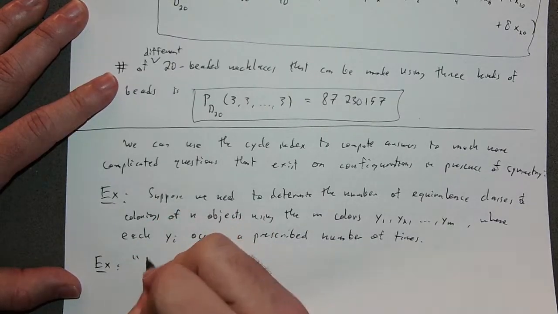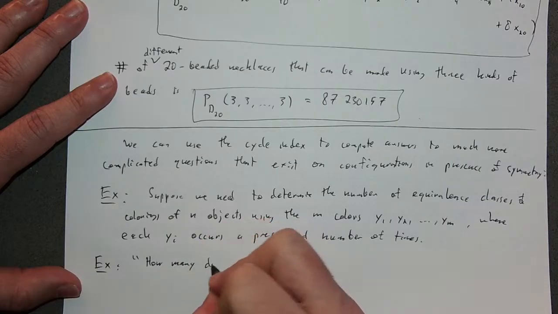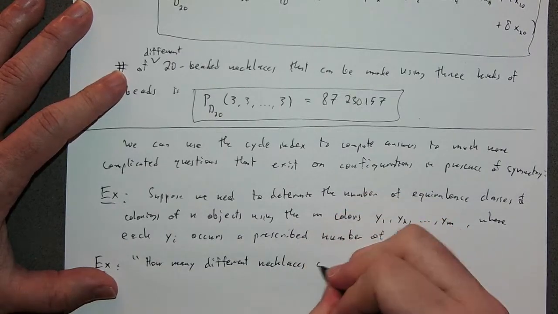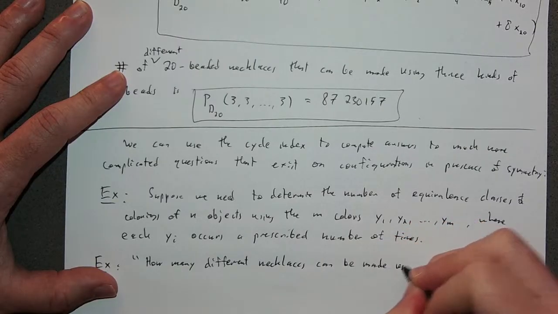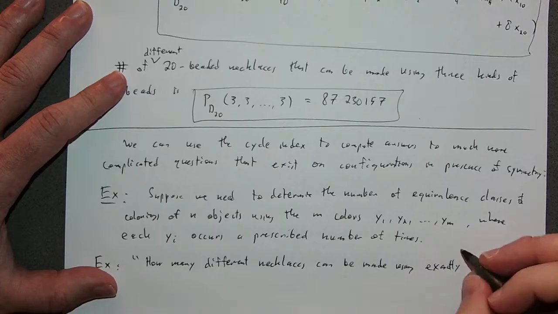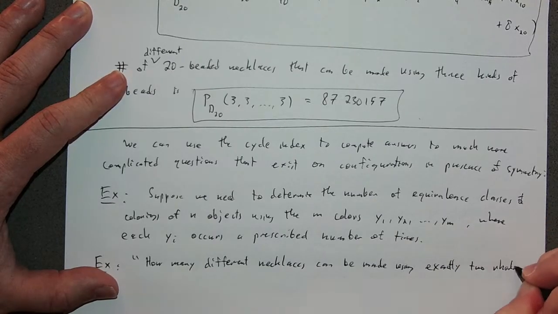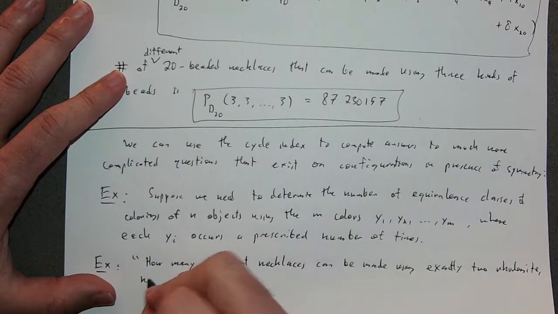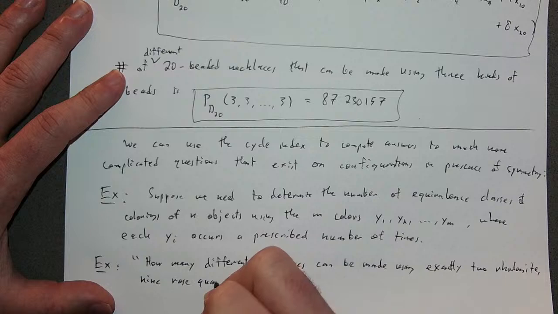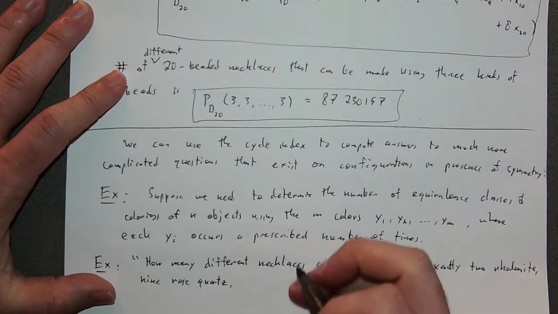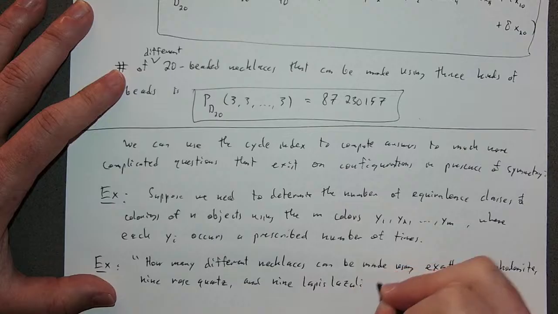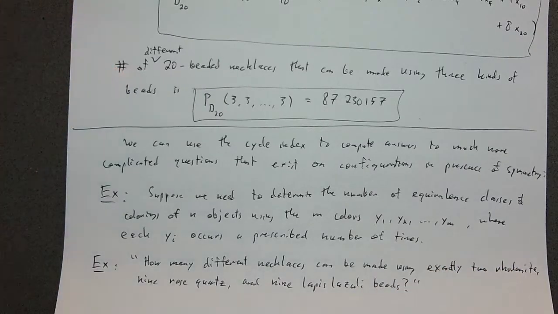How many different necklaces can be made using exactly 2 rhodonite, 9 rose quartz, and 9 lapis lazuli beads?